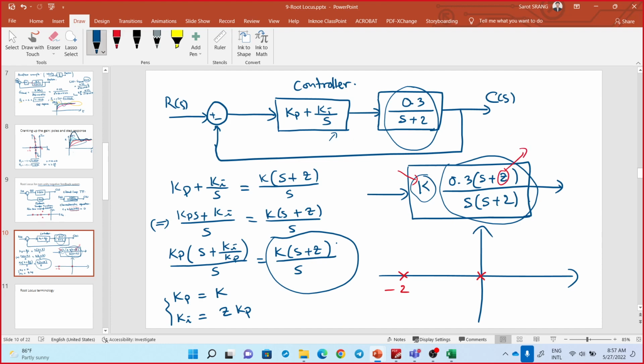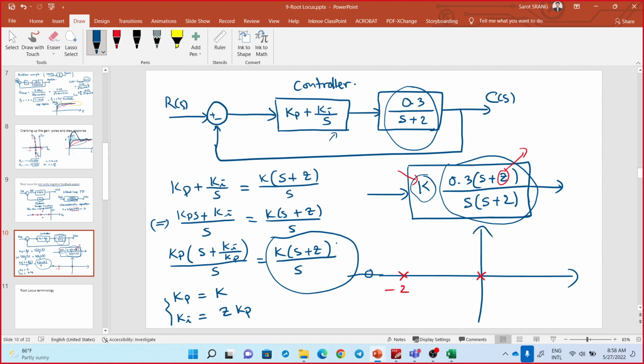If you are very familiar with the link between pole locations and step response, you know where to put z. You say, okay, maybe I put z here is good, or maybe I put z here, so that I can have a good controller design, I mean a good controller for good performance.